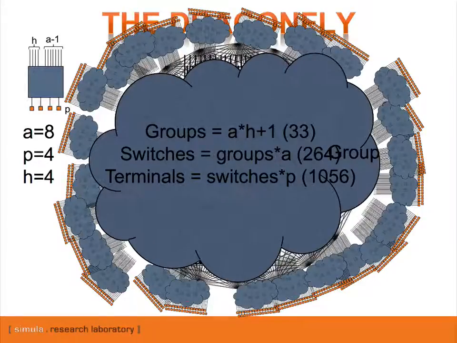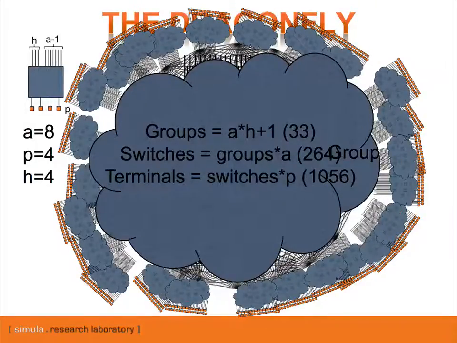We'll just build a relatively small example. If you have 16 port switches, given this requirement, how big can the Dragonfly be and how does it look? So 16 ports gives us 4 P's, 4 H's, and 8 A's, which translates to 7 links.